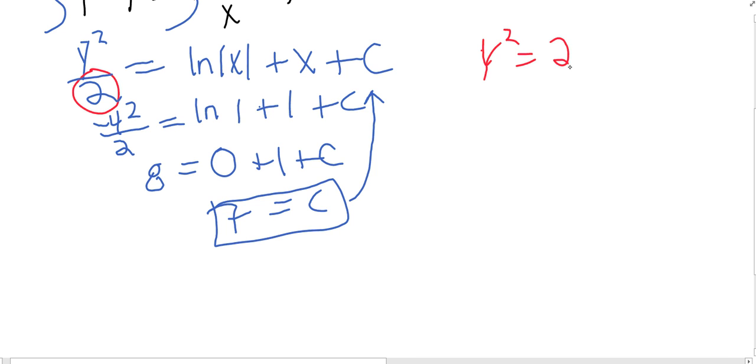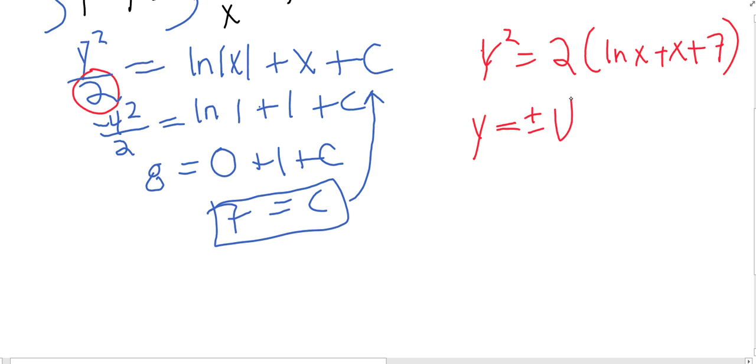We have 2 times the ln of x plus x plus 7, and just distributing that all out, we get 2 ln of x plus 2x plus 14, and then we're going to take the square root of that. Or we can simply leave it as this, but if we did take the square root, we would have plus and minus the square root of 2 ln of x plus 2x plus 14.